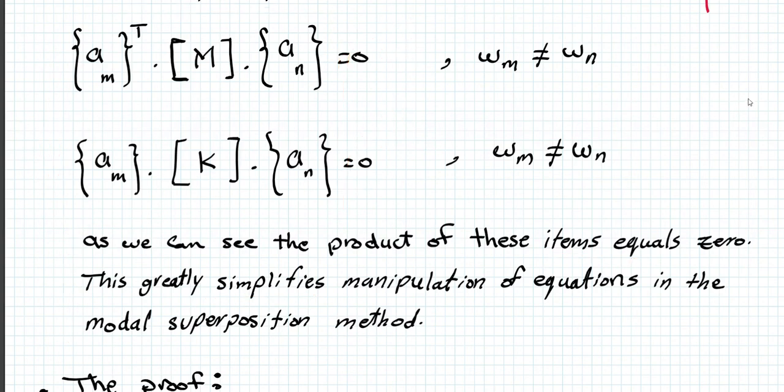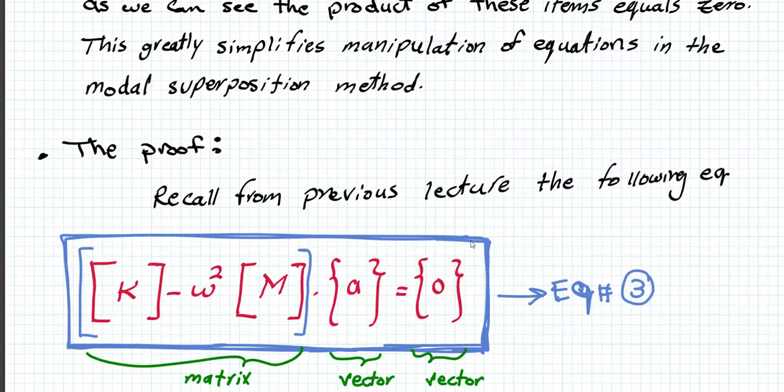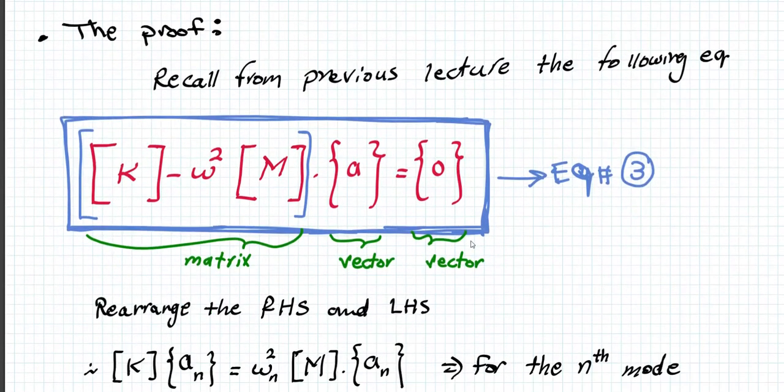Okay, now let's go to the proof itself and see how we can go with it. First of all, we want to recall the following equation from the previous lecture. Do you remember this equation?